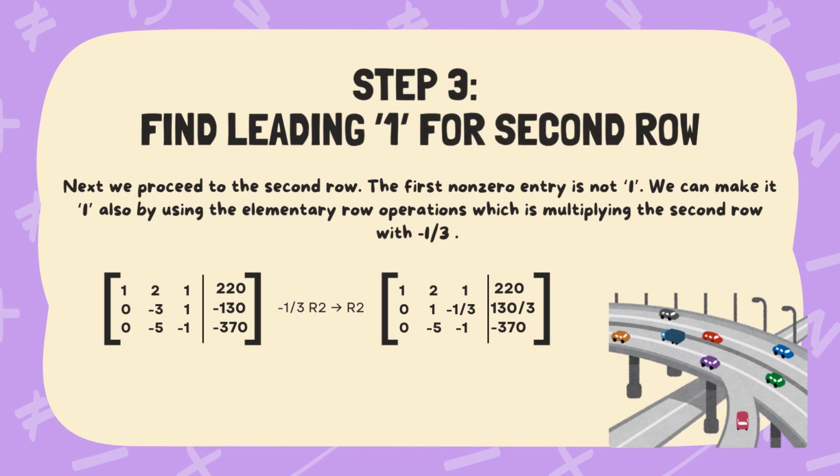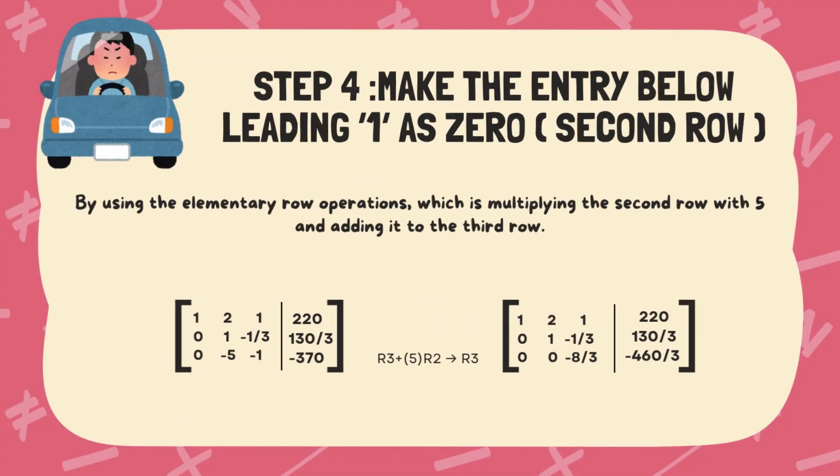As we can see, the second row doesn't have a leading one, so we need to find the leading one. Using elementary row operations, we multiply the second row by a non-zero constant, which is -1/3. Now that we have the leading one for the second row, we need to make the entry below the leading one of the second row into 0.